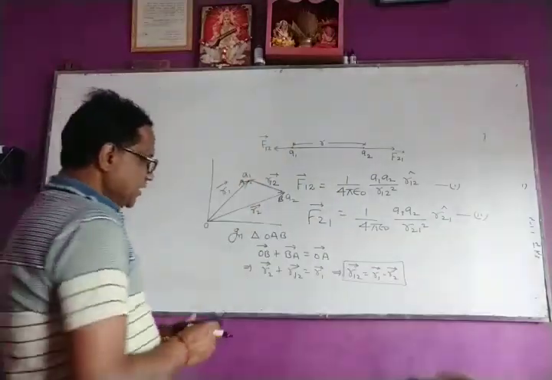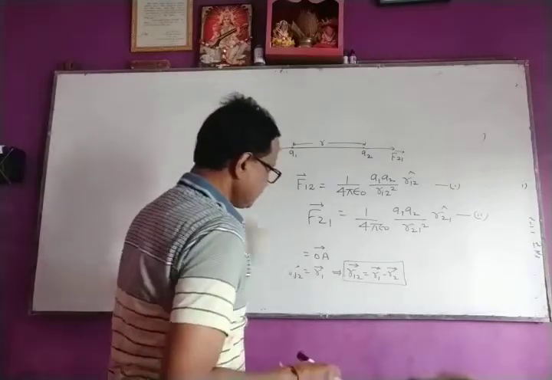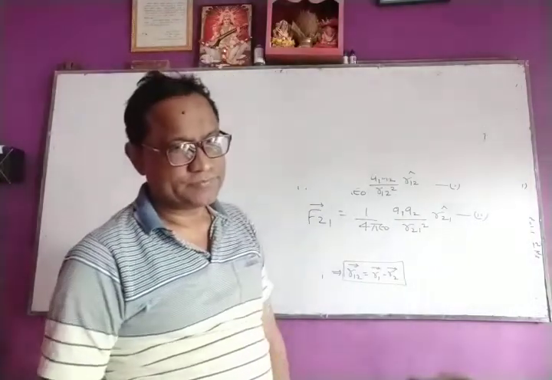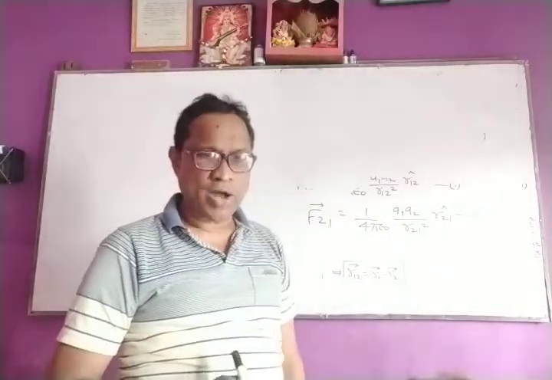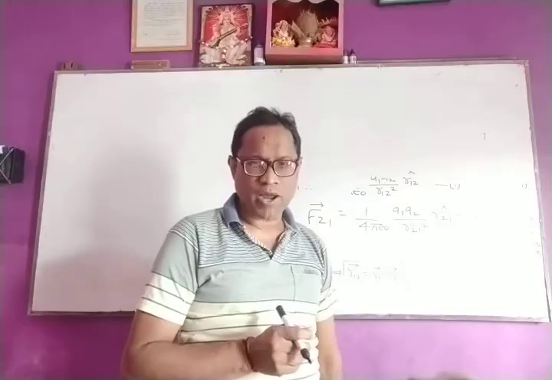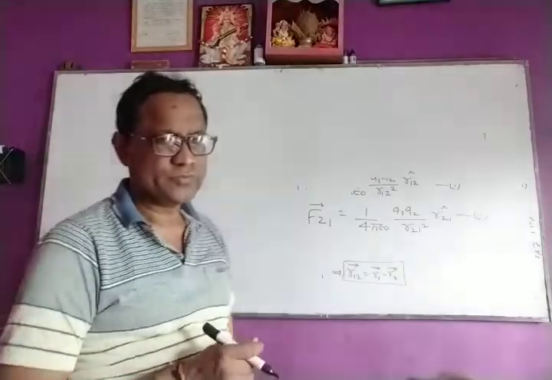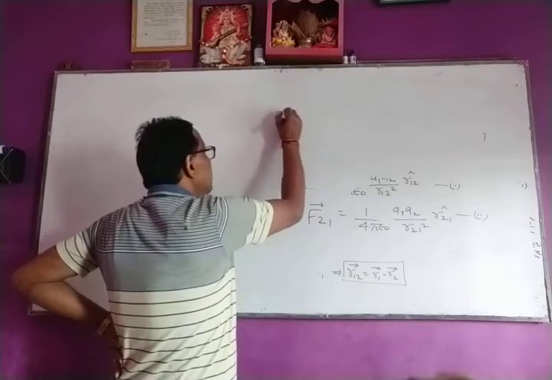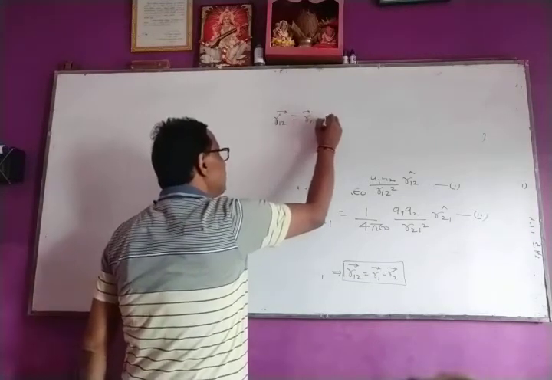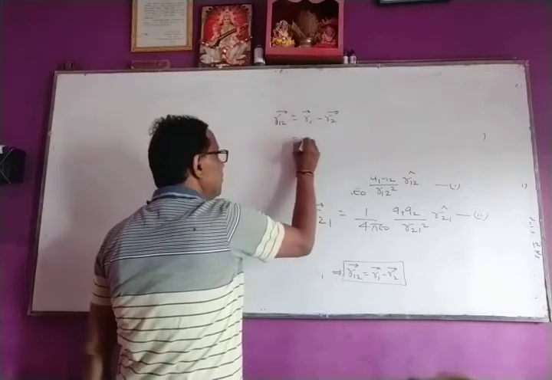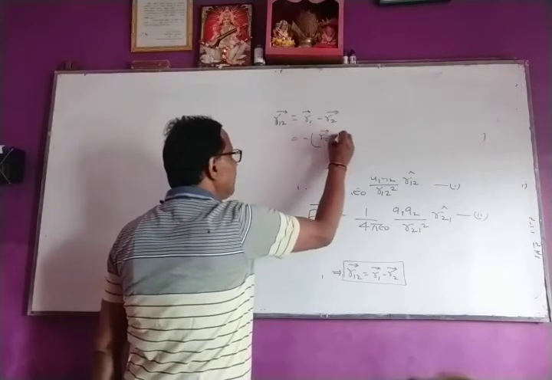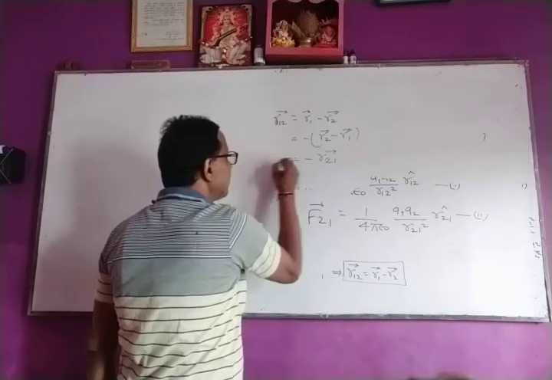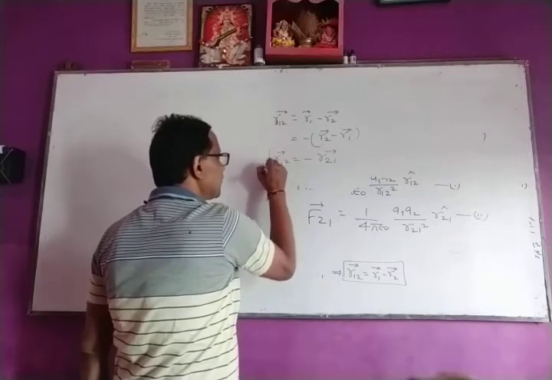By this expression it is clear that r21 is equal to r2 minus r1. So r12 is equal to r1 vector minus r2 vector, that is minus (r2 vector minus r1 vector). We can also write r21 vector is equal to minus r12 vector.